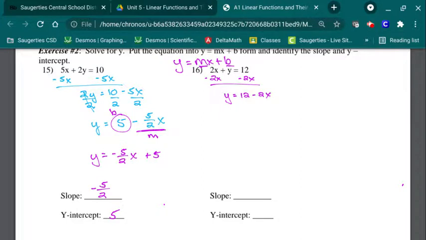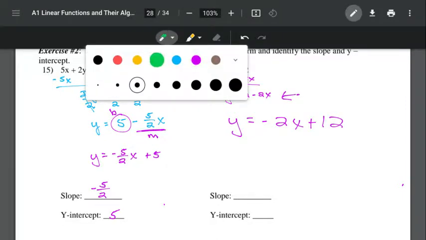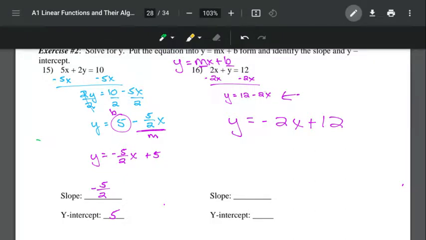So if you look at number 16, I ended up with 12 minus 2x. I could also write this as y equals negative 2x plus 12. It does not matter. What I want to point out, I'm going to use a different color. This is our m. It's the number in front of the x. That's our b. So our slope is negative 2.